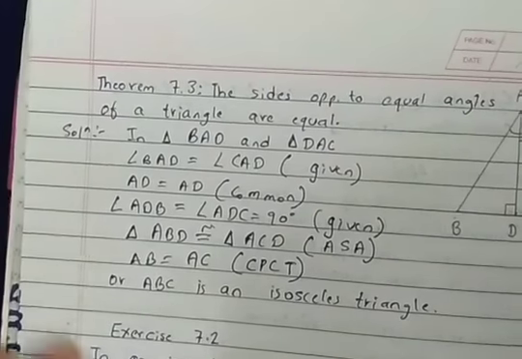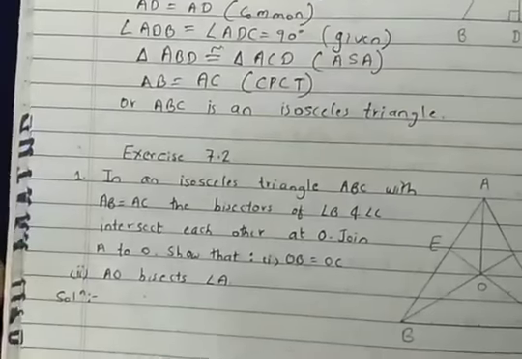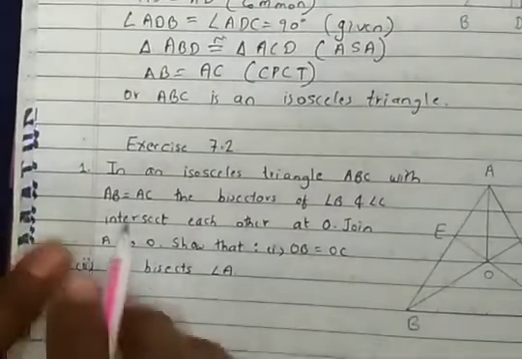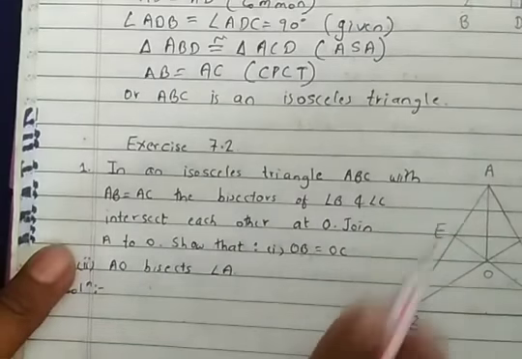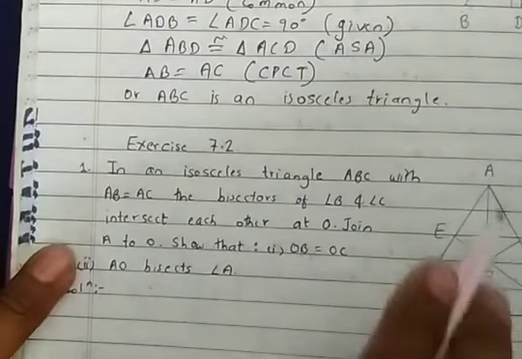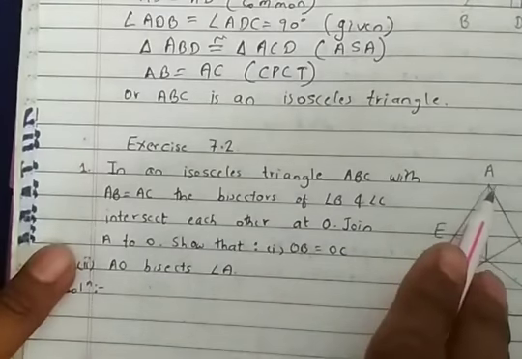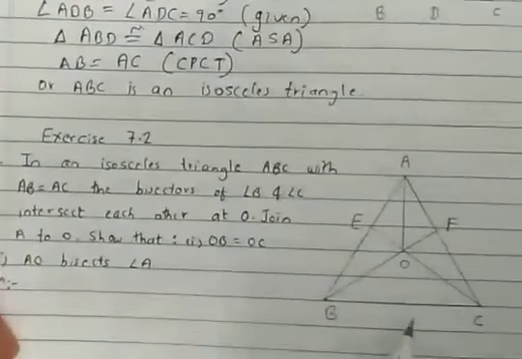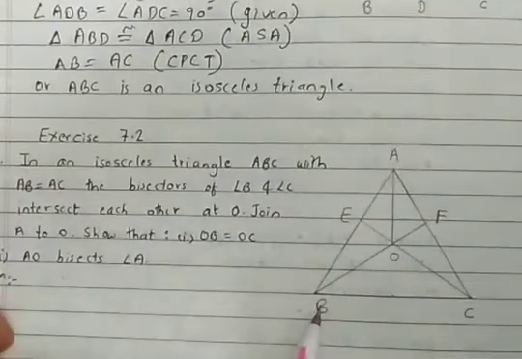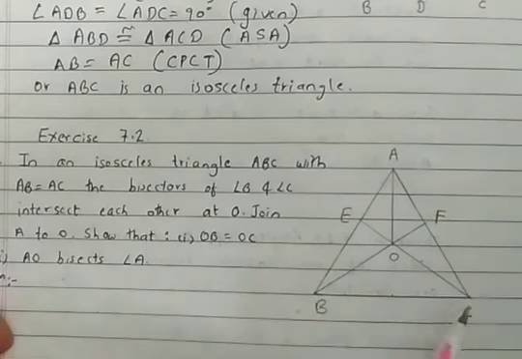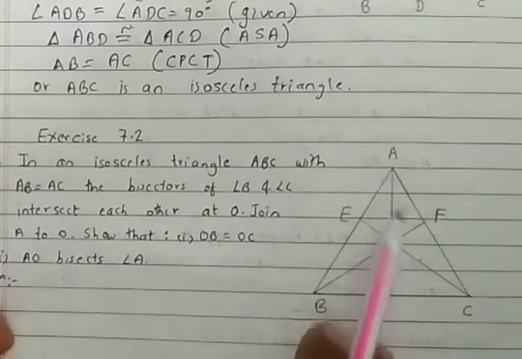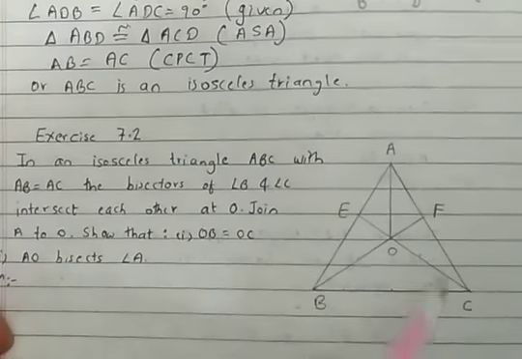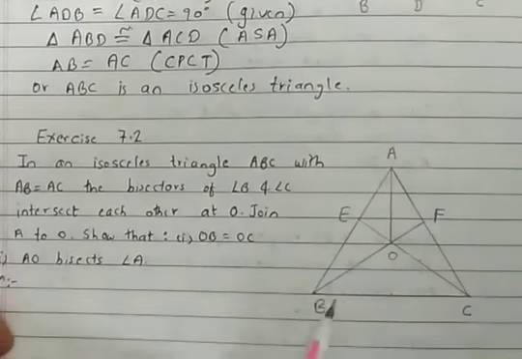Now let's start with exercise 7.2. We'll solve the first sum, which says that in an isosceles triangle ABC with AB and AC both being equal to each other, right? That is, the length of AC is equal to the length of AB, and from B there is one perpendicular bisector to AC. I mean to say from AC there is one perpendicular bisector, right?